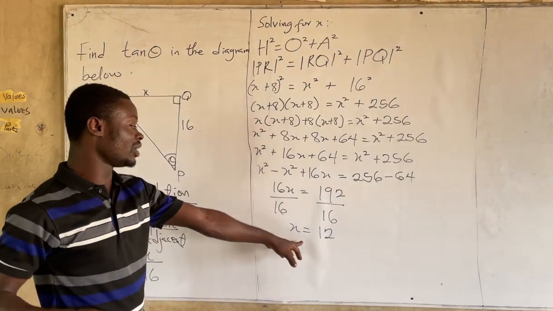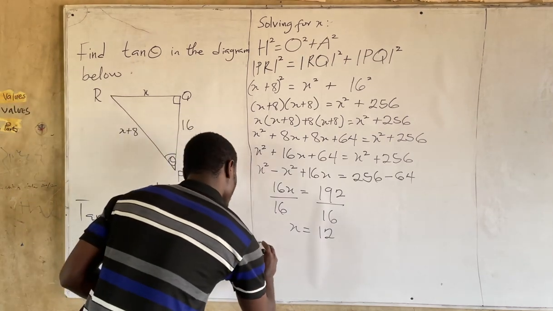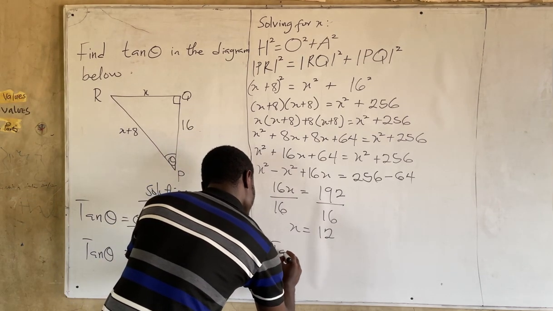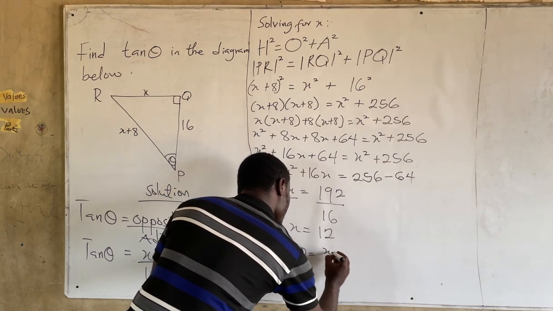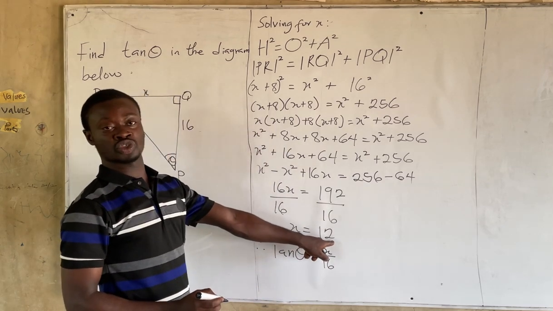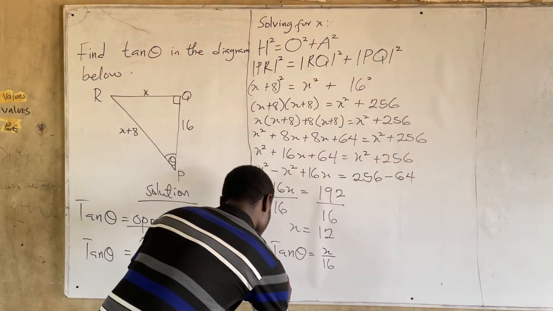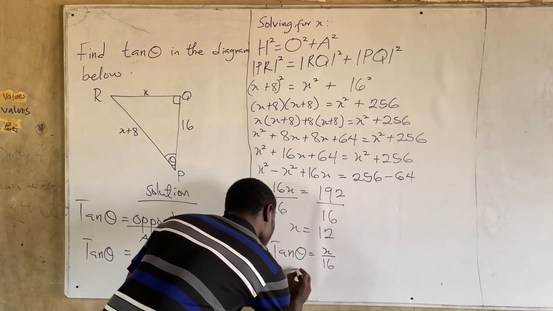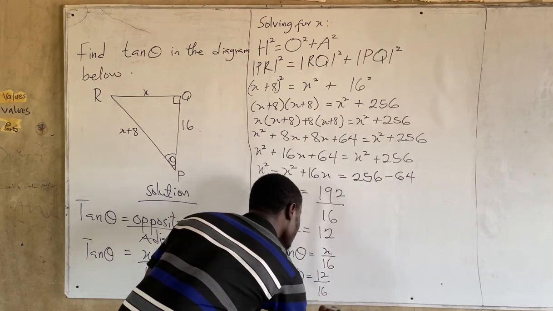So let's substitute the value of x into the tan theta and solve it. Therefore, we can say that tan theta is equal to x over 16. But we know that x is 12, so wherever we see x, replace 12 there. So now we have tan theta equal to 12 out of 16.